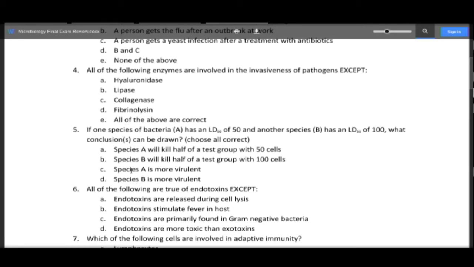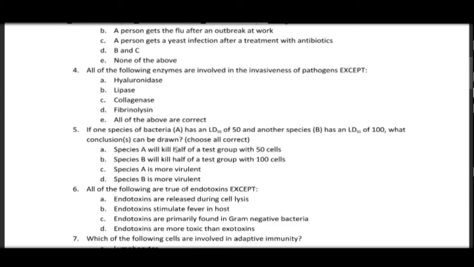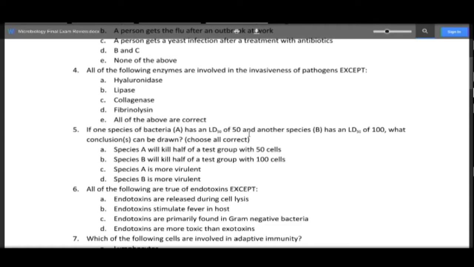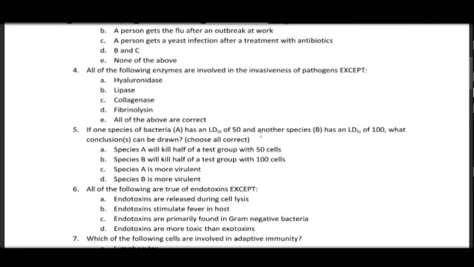C says A is more virulent, and D says B is more virulent. So either one of these can be correct, or none of them, because either one's more virulent than the other, or they're the same. Since they have different LD50s, they're going to have different virulence. They're going to have different magnitude of their effect. So the one that's more virulent is going to be the one that takes fewer cells to kill the same amount of animals or the same amount of a test group.